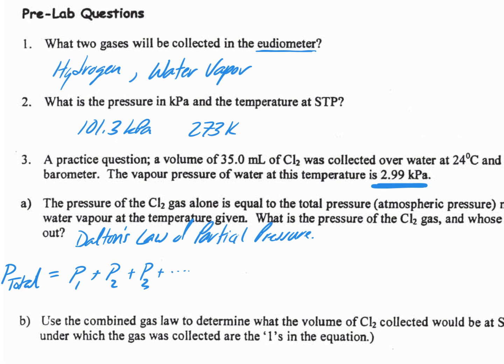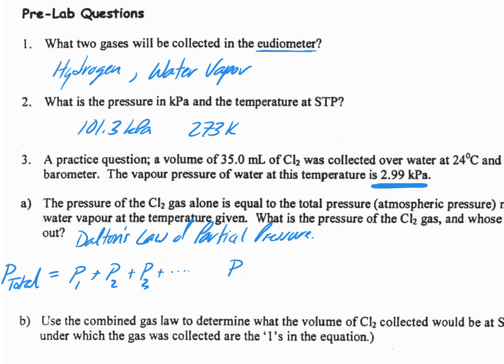In this lab, and in this example problem, we're collecting two gases. In this problem, we're collecting chlorine gas, and it's being done over water, so we are also collecting water vapor.